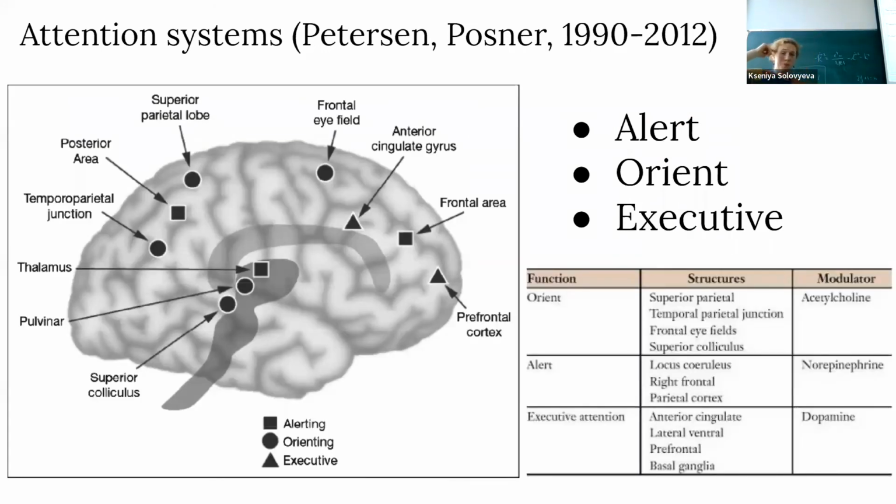And after that, Posner and his colleagues collected all the works connected with some parts of the brain.